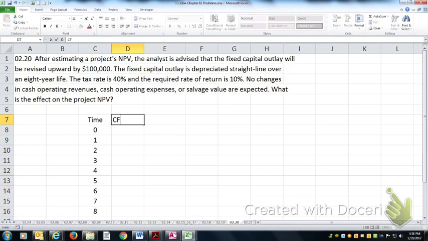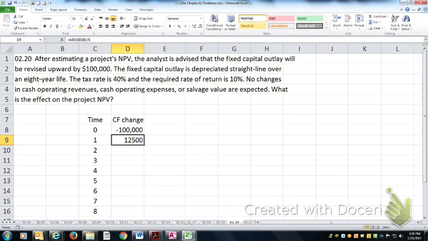And the cash flow change would be the initial investment would be $100,000 more, or a negative $100,000. Since this is depreciated evenly over 8 years, that means depreciation will be $12,500 more.